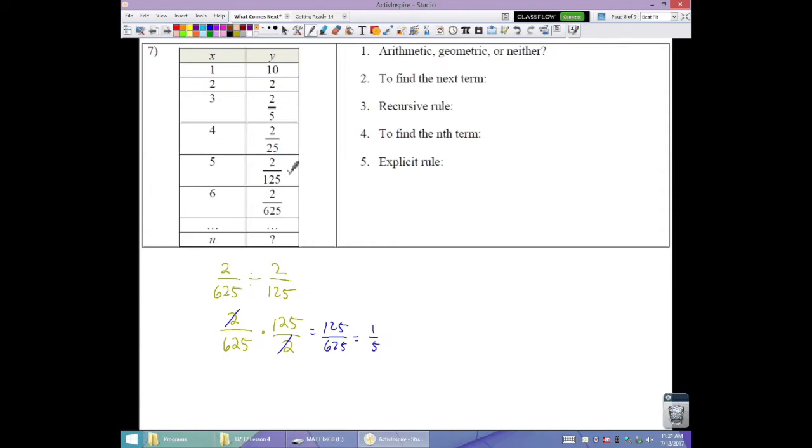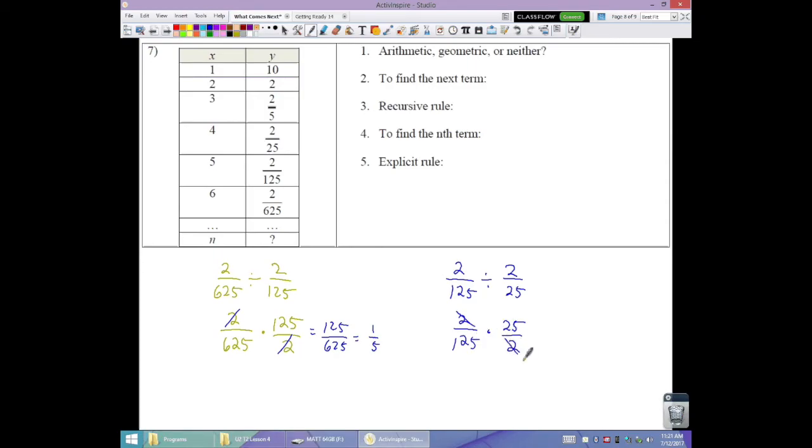So if I do that one more time, 2 over 125 divided by 2 over 25, multiply by the reciprocal, that's 2 over 125 times 25 over 2.